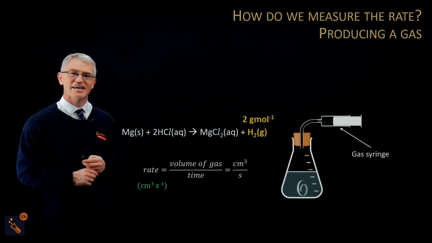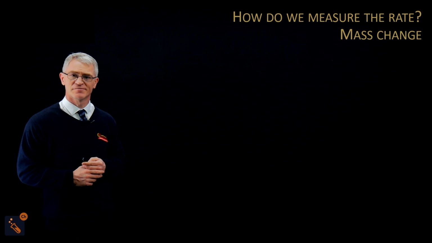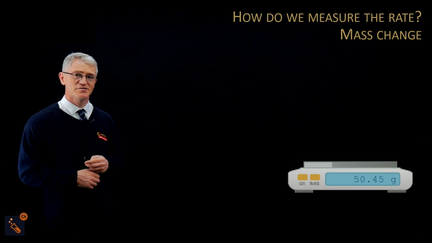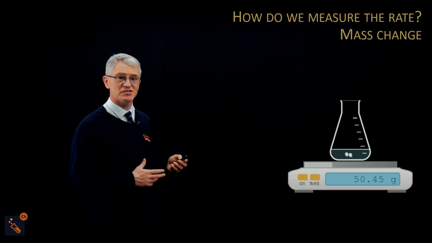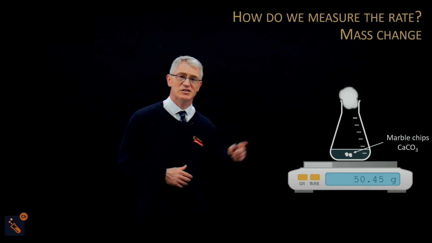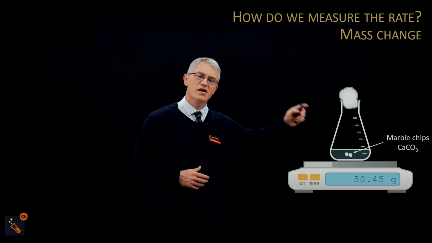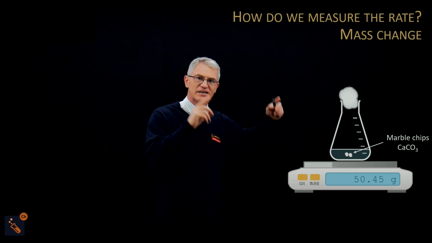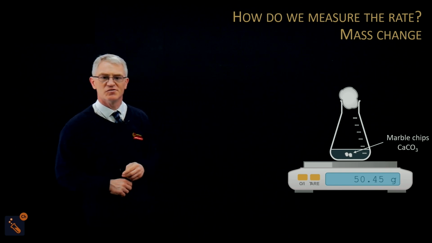Now let's look at the next way of doing it, which is mass change. You get a balance, and you stick your conical flask on it, and you do a similar reaction. This time we've got calcium carbonate chips. All we do is stick some cotton wool in there, and that stops the liquid bubbling away and spurting out at the top, and the gas just goes straight through the cotton wool.